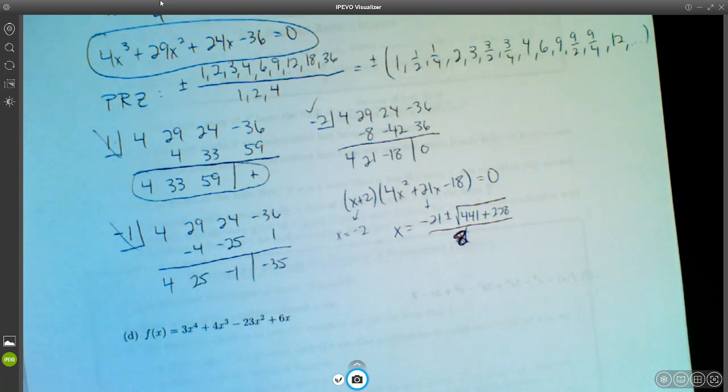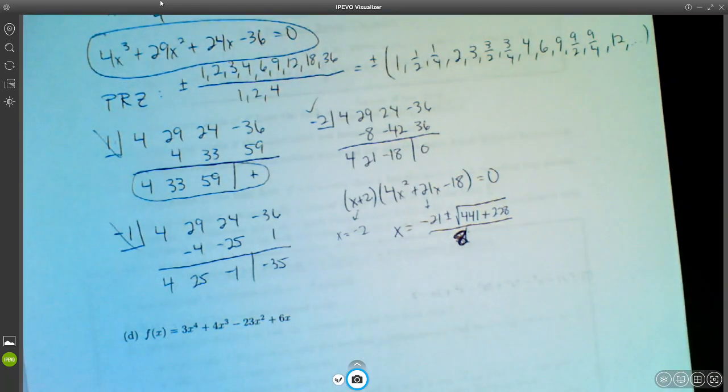So that's fine. In fact, square root of 669, maybe let me check my work real quick. So I've got 21 squared minus 4 times -18 is 729, not 669. Sorry.